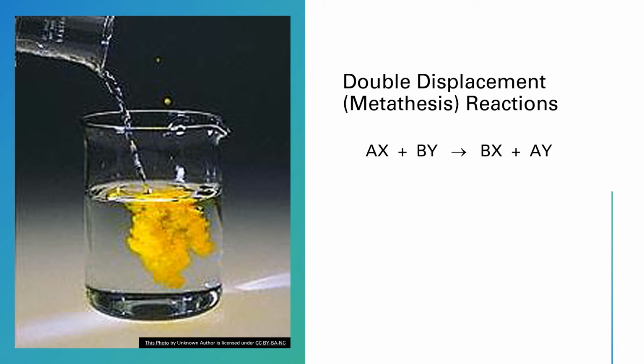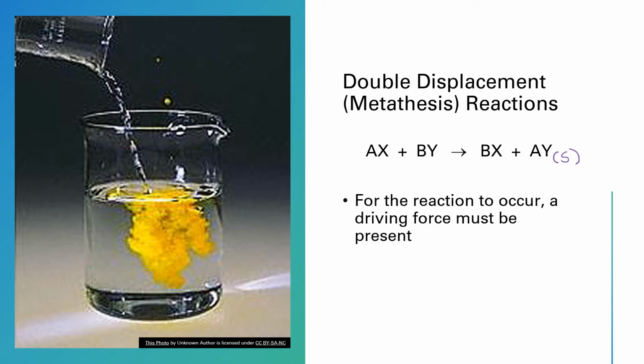And we get precipitation if one of the products happens to be a solid. So we start with everybody on the reactant side aqueous, but then one of the products will be a solid.